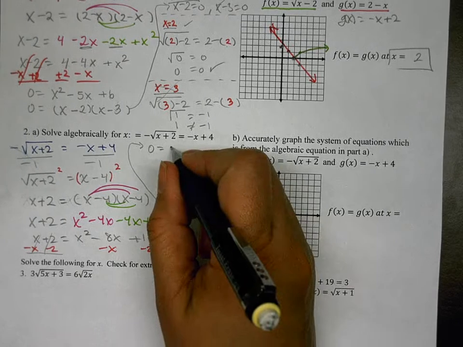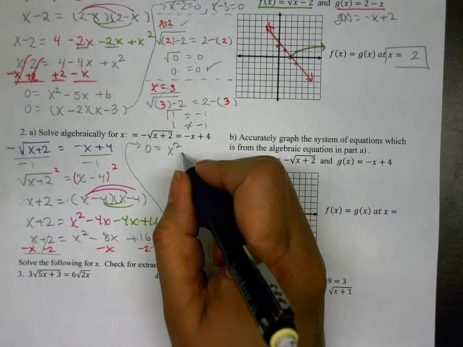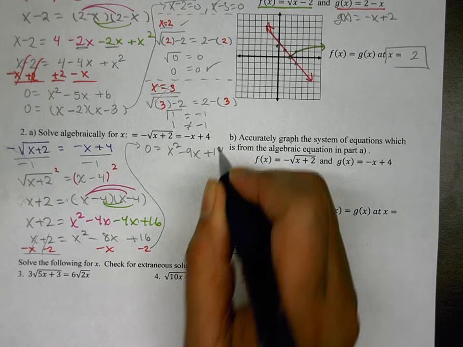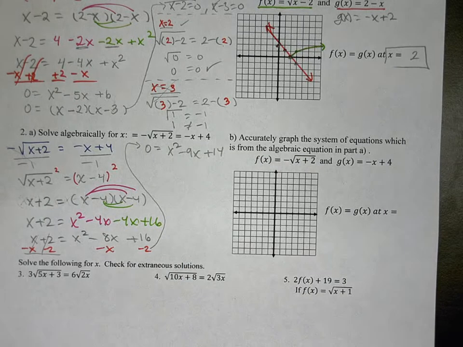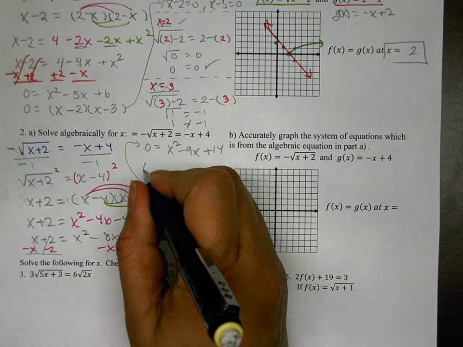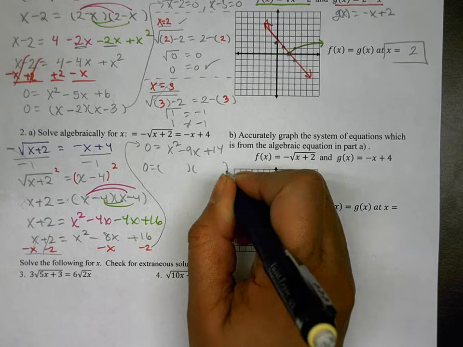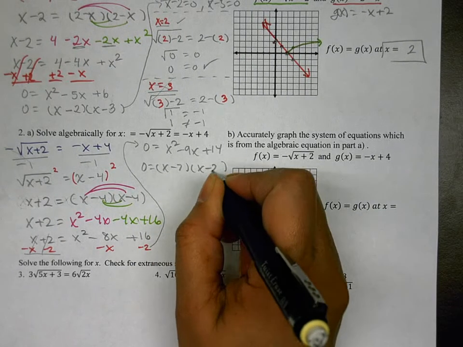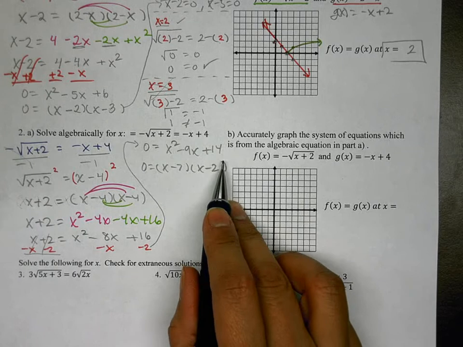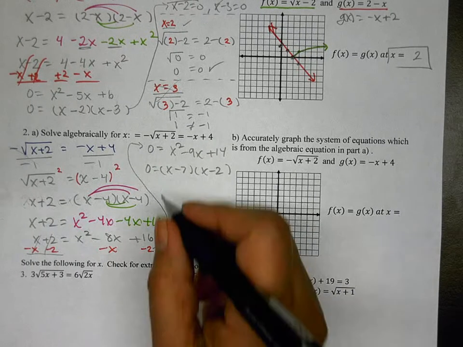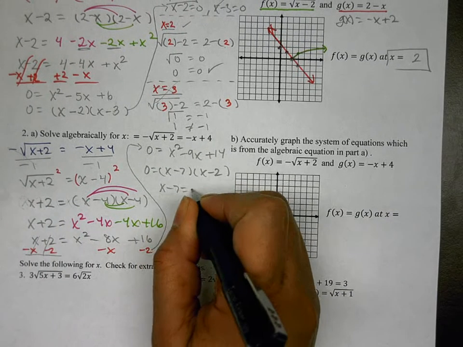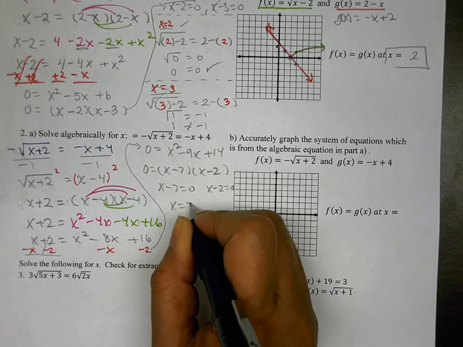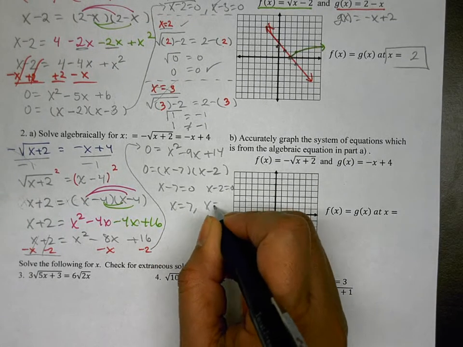X squared minus 9x plus 14. Double bubble. Looks like minus 7 minus 2, so that can multiply to positive 14 and add up to negative 9. X minus 7 equals 0, x minus 2 equals 0, x equals 7, and x equals 2.